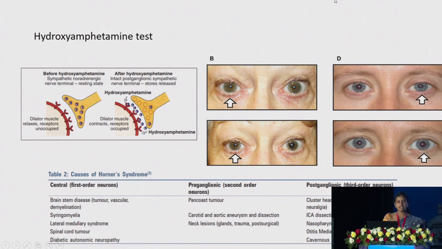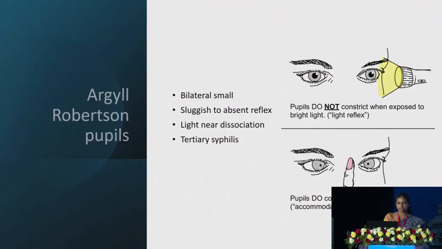In a preganglionic lesion, the postganglionic fibers can still act with hydroxyamphetamine, so the pupil will dilate. But if there is a postganglionic lesion, there will be no dilatation even after hydroxyamphetamine.